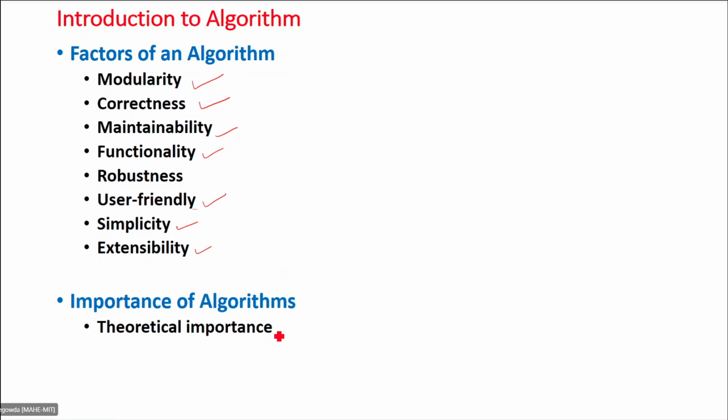That means for what exactly we are going to break the modules into smaller ones, and how they can be combined together into the main modules. The second importance of an algorithm is practical importance. As we know, theory cannot be completed without practical implementation. So the importance of algorithm can be considered as both theoretical as well as practical.